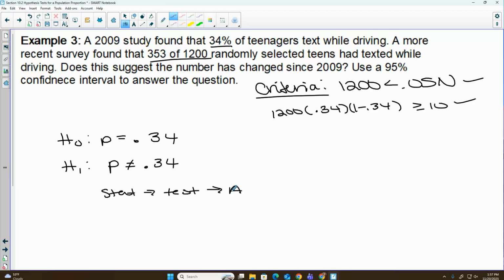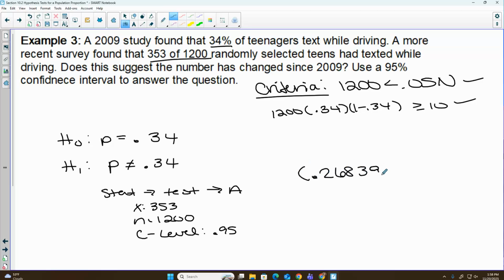Stat, test, letter A. What is my X? 353. What is my N? 1200. What is my C level? 0.95. Okay, so if I do that, my confidence interval is 0.26839 to 0.31995.